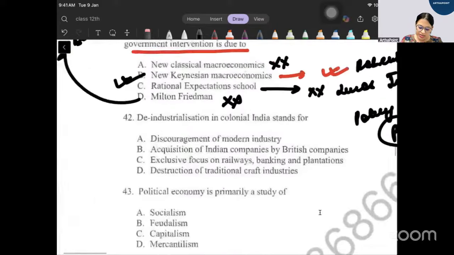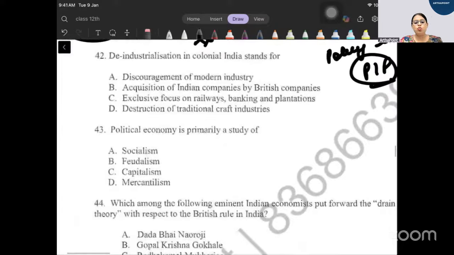Okay, answer question number 42. ये बहुत सिंपल है बेटा. आंसर क्वेश्चन नंबर 42.